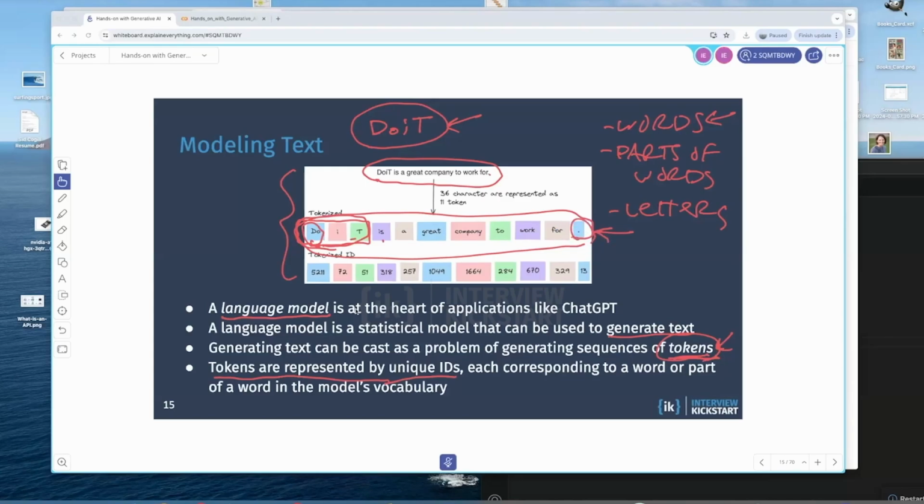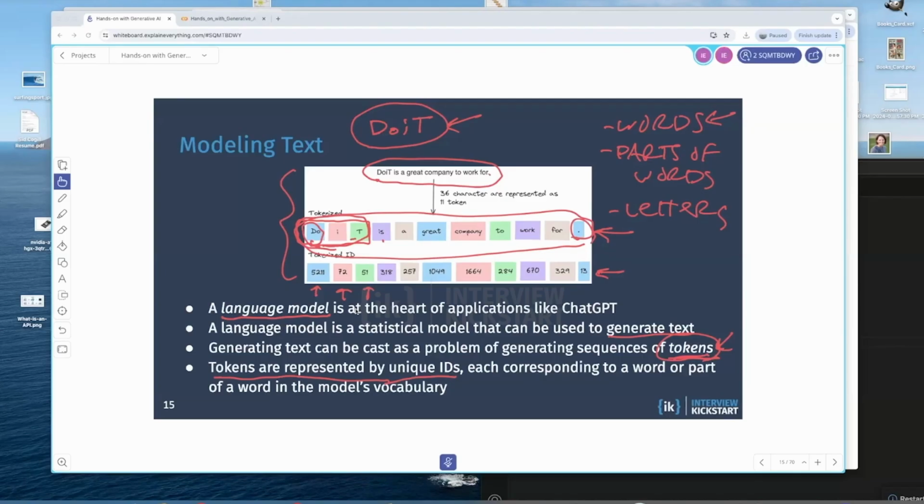And then the punctuation is also going to be part of our vocabulary. And each of these individual tokens has a unique ID in our vocabulary. So 5211 is "do," capital D-O, 72 is the letter I, 51 is the letter capital T, and so on. And so basically you just have this sequence of unique IDs representing the sentence that I input into the model.